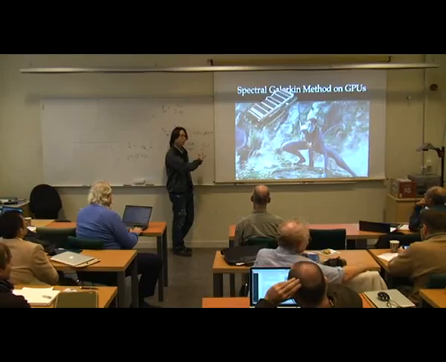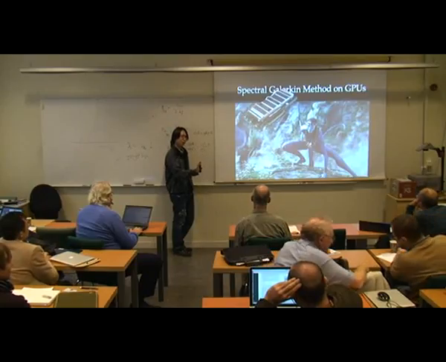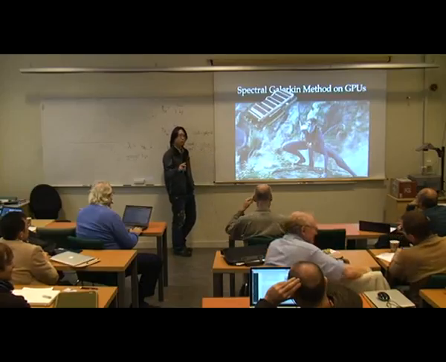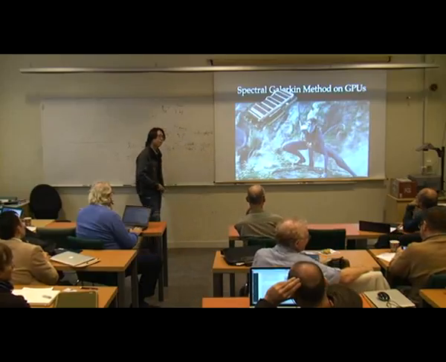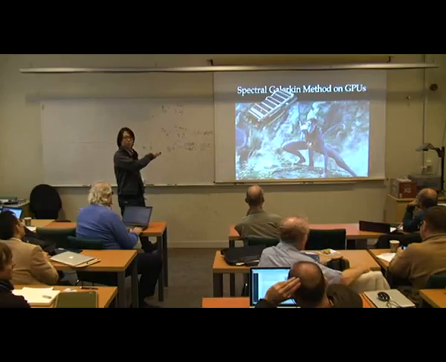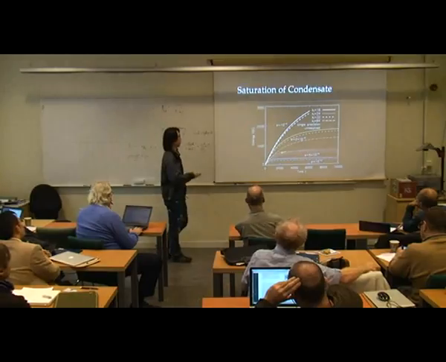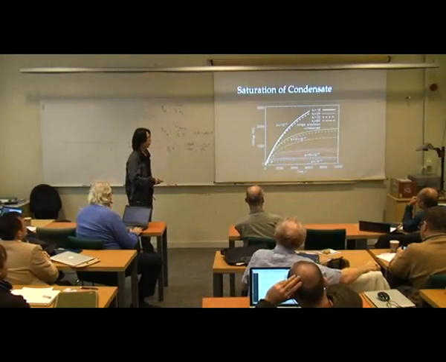If we compare that, we get 40 times faster. But if you just compare one GPU with one CPU, it's more like 10 times. I should also say this is the latest version, so you can do double precision.